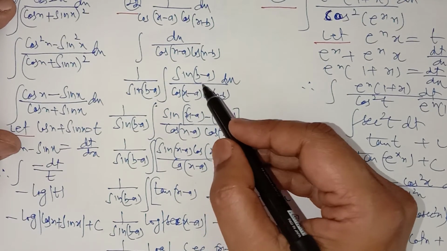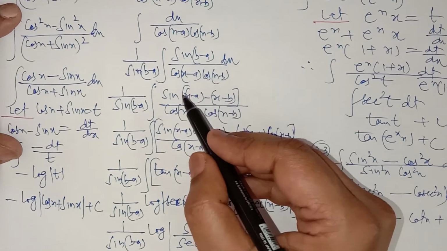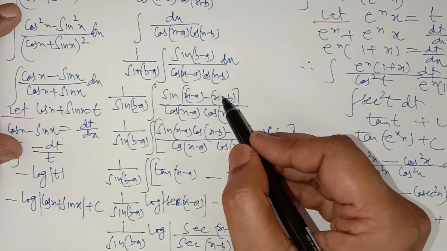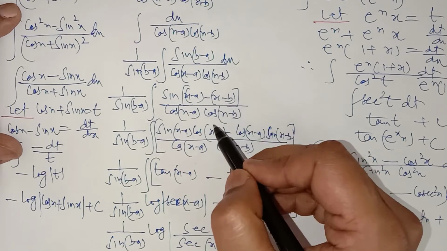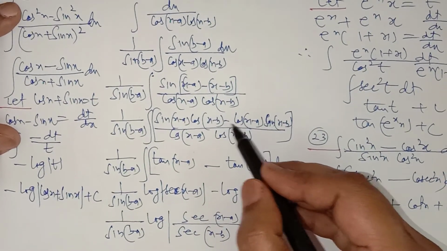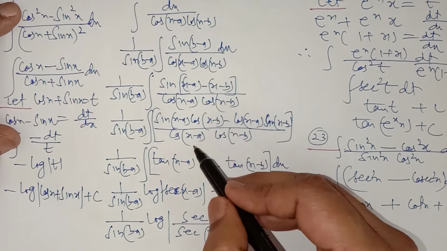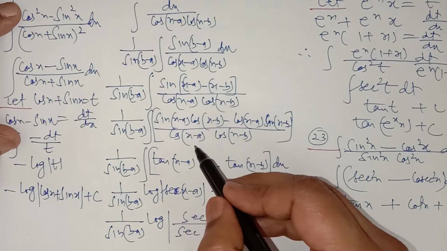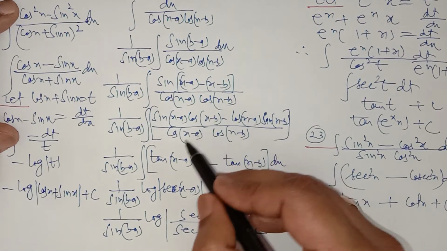The same will be in the denominator. Why have we done this? In place of b minus a we write x minus a minus x minus b, because we can use the formula of sin a minus b in the numerator, which is equal to sin a cos b minus cos a sin b. Break into two integrations. This upon this will become cos x minus b cancel, cos x minus b, tan x minus a, and this upon this will become cos x minus b cancel, cos x minus a.